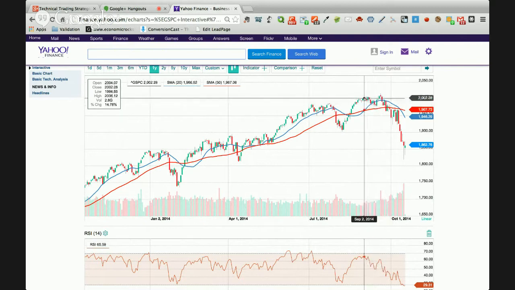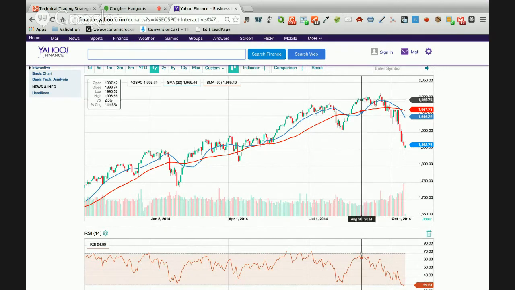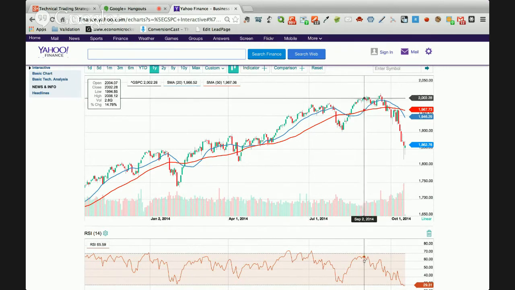And if we see here, I'm just going to highlight this high here, and if you follow down the line, down to the relative strength index, you see a red circle just at that relative strength index high. That's also almost following the same pattern as the price. So I'm just going to bring this cursor down to where I'm talking about. This high here in the relative strength index is similar to the high in the S&P 500.